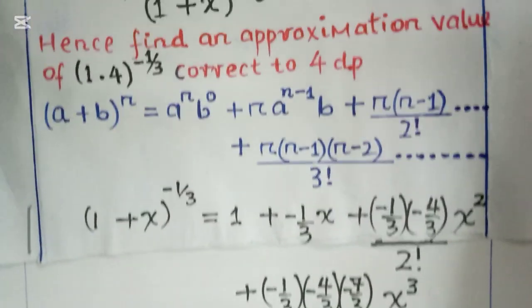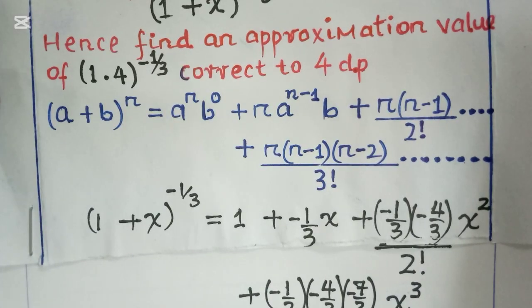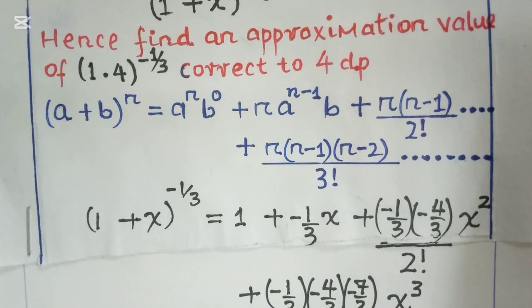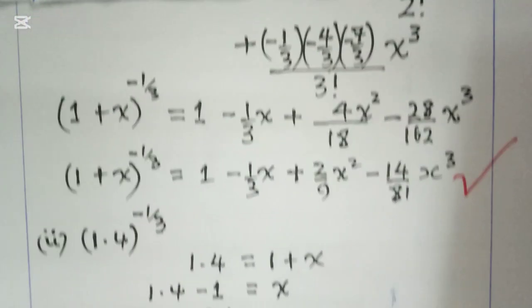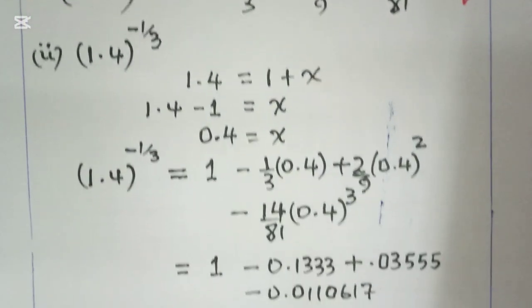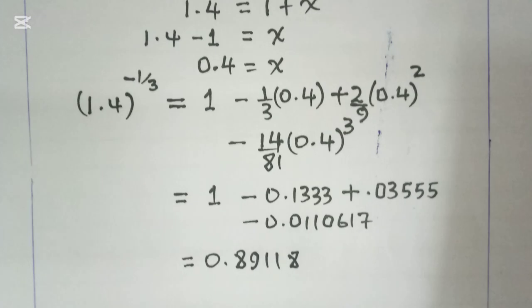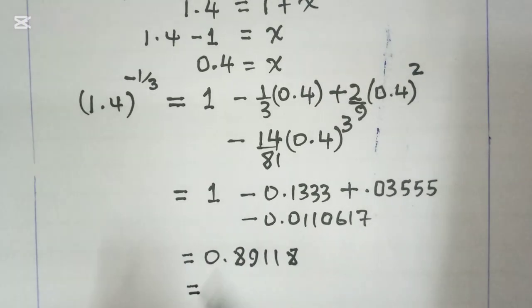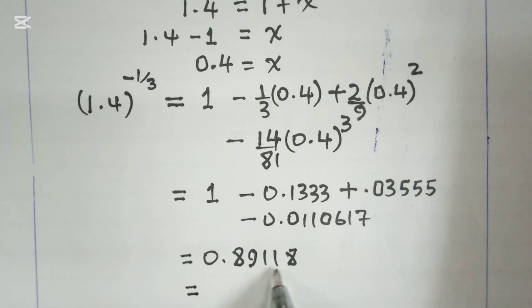So we now correct to 4 decimal places. This is how we do it, guys. We shall say to four decimal places you count 1, 2, 3, 4. Then you look at this.